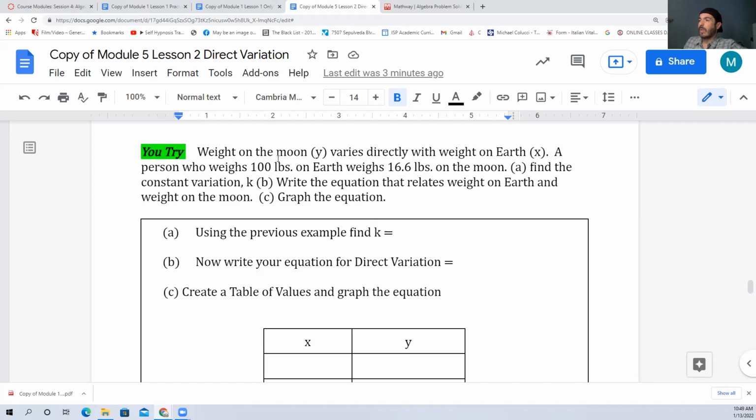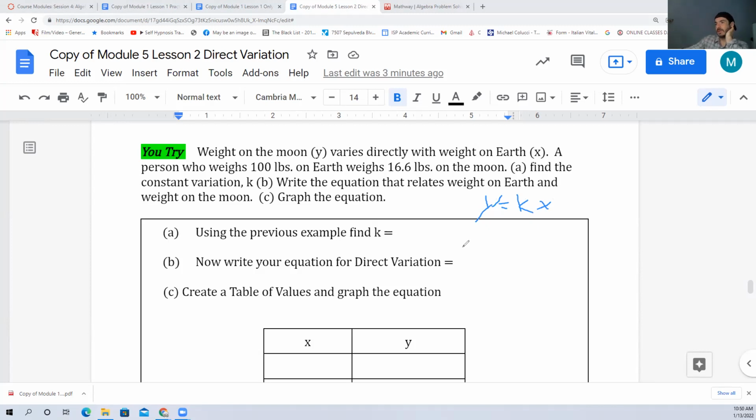Weight on the moon, y, varies directly with weight on Earth, x. So we know that y is equal to kx because it tells us that there's a direct variation. A person who weighs 100 pounds on Earth weighs 16.6 pounds on the moon. Find the constant variation k.